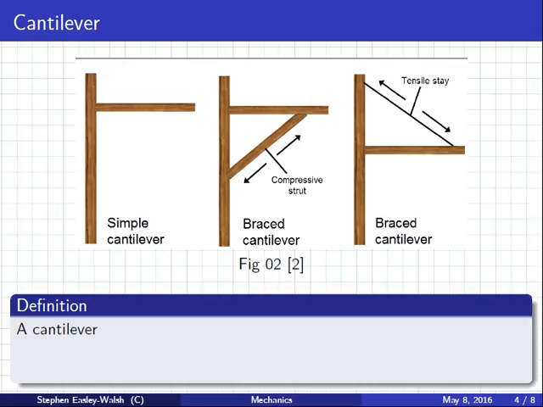Are you trying to draw the pictures there? Okay, have you drawn these with the names?